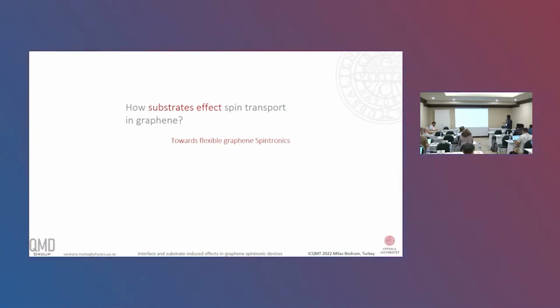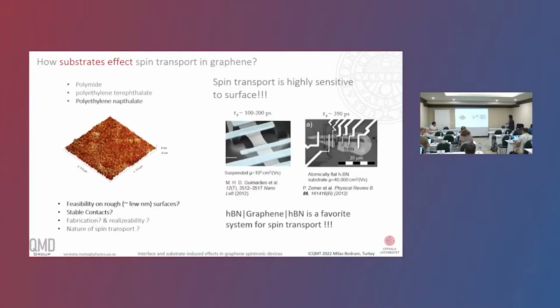And since graphene and other 2D materials are very resilient, it's important to see if we can take graphene towards flexible graphene spintronic devices. But there can be challenges, because the conventional flexible substrates like polyimide, polyethylene terephthalate, or polyethylene naphthalate, PEN substrate, often come with a lot of surface roughness.